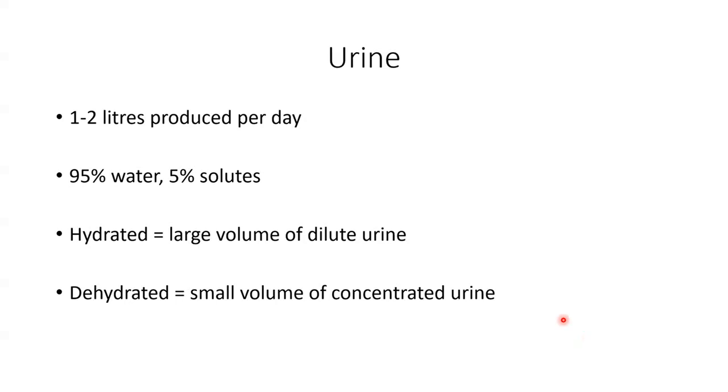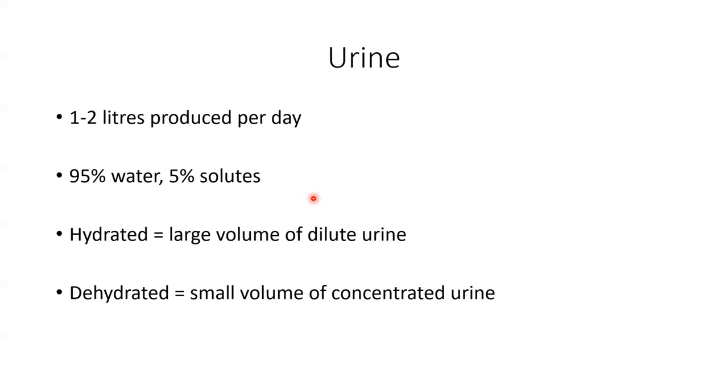Typically, urine is made up of about 95% water and 5% solutes, with some of the solutes that we excrete being electrolytes, waste products derived from cellular metabolism, as well as any exogenous substances. So these are things like drugs, which don't originate from within the body.